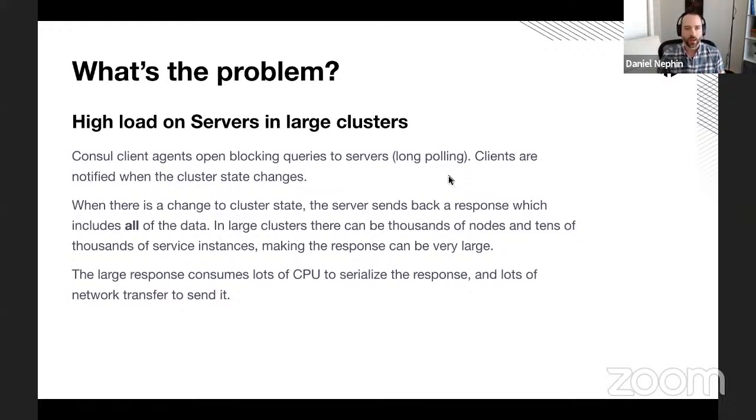If one of those instances changes from healthy to unhealthy, the server would have to respond with a payload that includes all 1,000 service instances, all of the health check data, all of the nodes that it's on, which is very expensive to serialize and also takes quite a bit of network load to transfer. We could compress it to save some network, but that would increase the CPU even more. So we looked for a way to cut down on all of that work that was necessary every time there was a tiny little change to the server state.